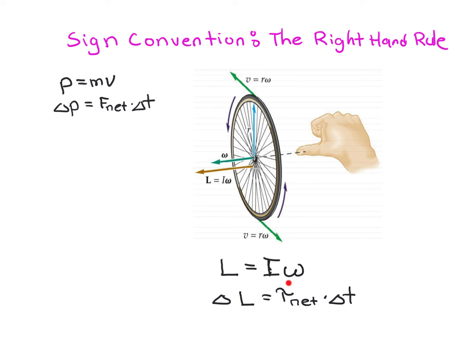This rule also gives us a way of defining the direction of a torque. If you think about how you get a bike wheel to spin, starting at rest and developing angular momentum along this direction, this relationship says that you must have exerted a torque that points in that same direction.